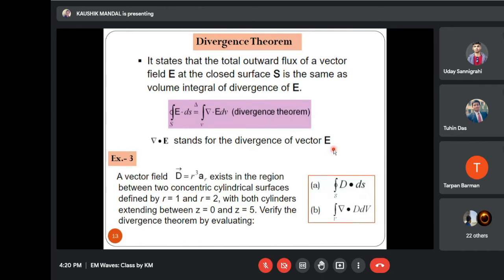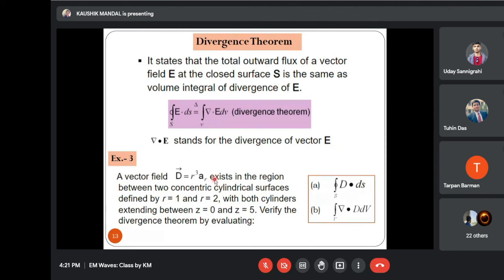That means we are considering the surface enclosed by two cylindrical structures. The radius of one cylinder is 1, the radius of the other is 2, but the height of both cylinders extends from 0 to 5. Now you have to verify the divergence theorem for this particular vector field.